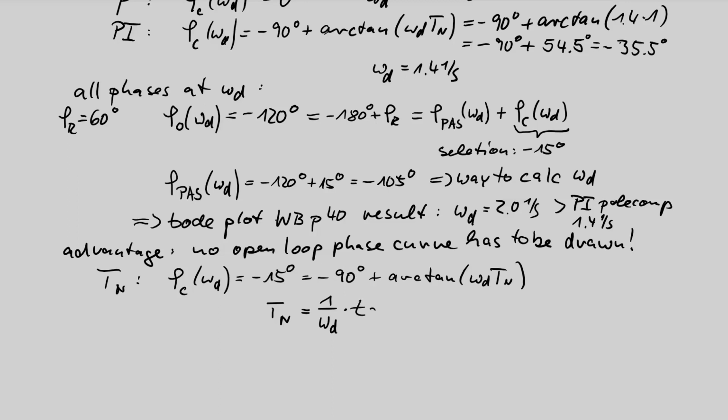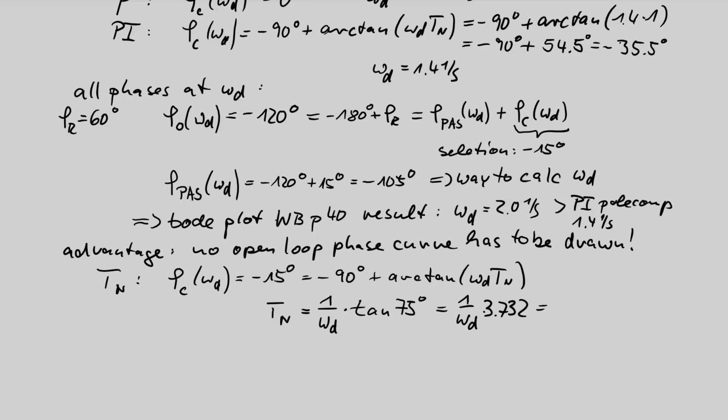So this is then the solution, tangent 75 degrees, and with my calculator I can calculate tangent 75 gives 3.73. So this is 1 divided by omega d times 3.732.